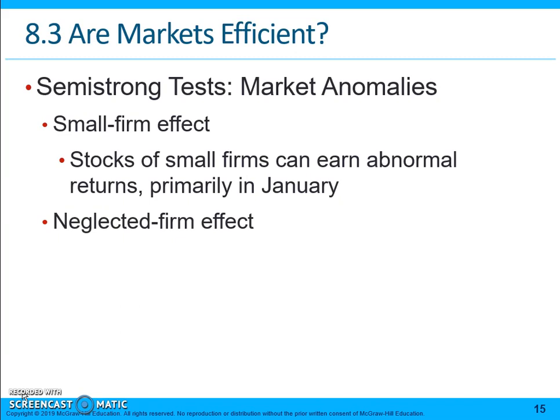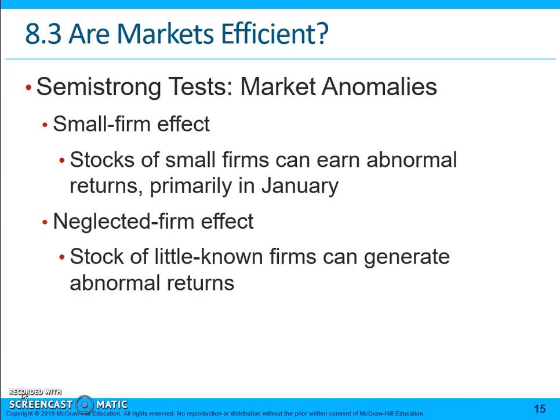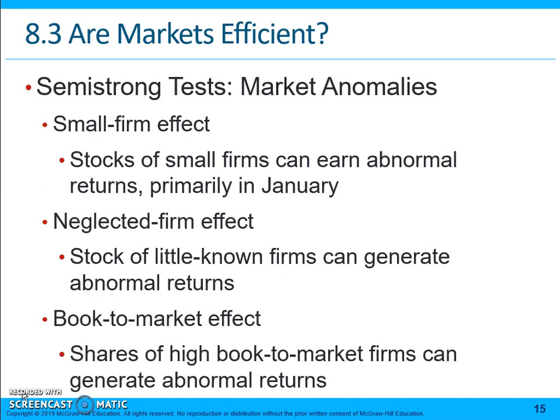Neglected firm effect, similar to the small firm effect, is the idea that little known firms can generate abnormal returns. We'll see some slides coming up that support these ideas. Book to market effect, the idea being that shares of high book to market firms can generate abnormal returns.